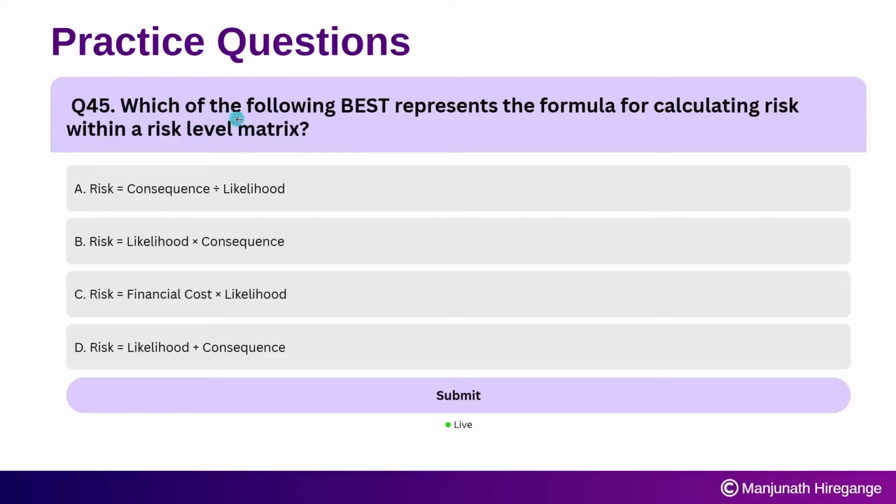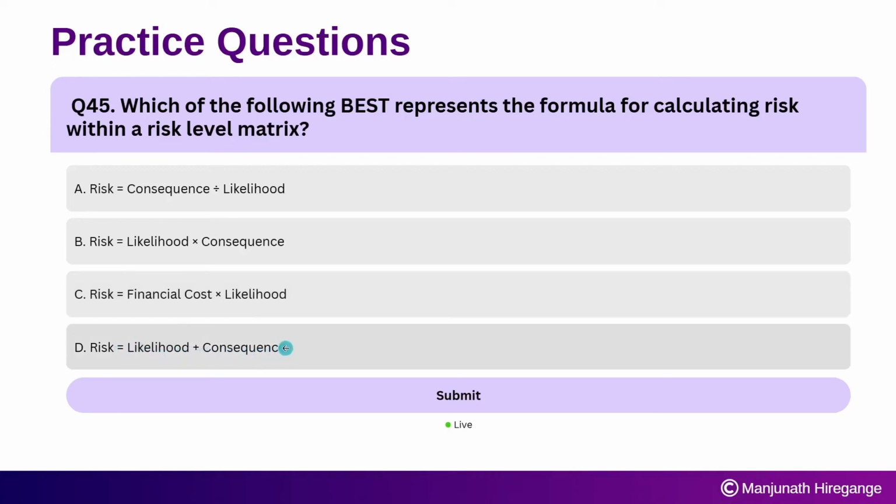Question number 45. Which of the following best represents the formula for calculating risk within a risk level matrix? Risk is equal to consequence divided by likelihood; risk is equal to likelihood times consequence; risk is financial cost times likelihood; risk is likelihood plus consequence.